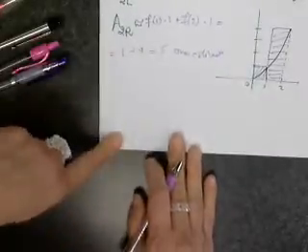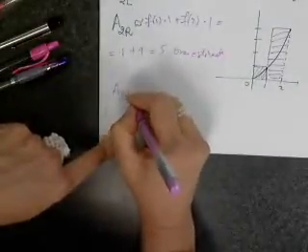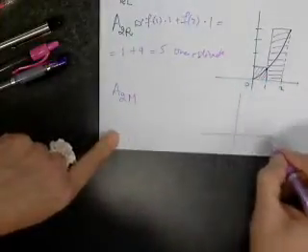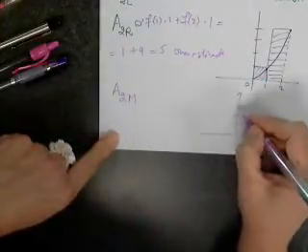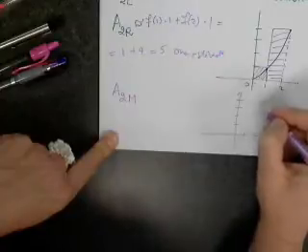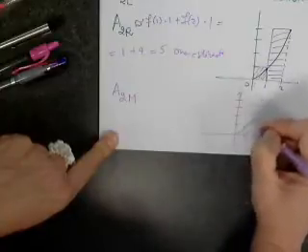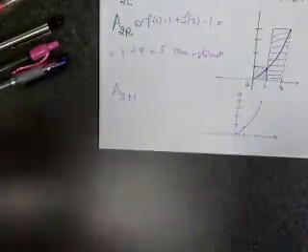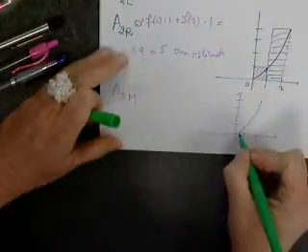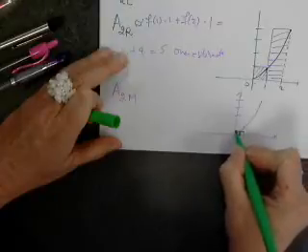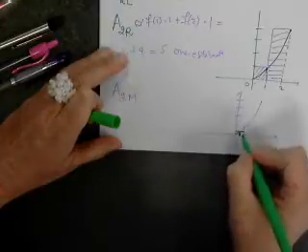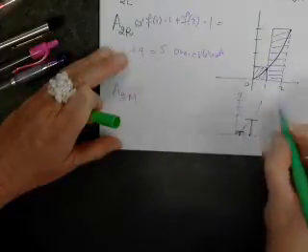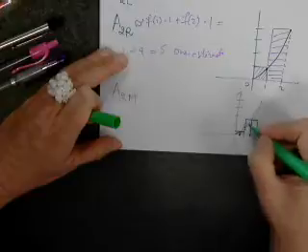Okay. So let's look at A2 mid. Here's my graph again. And here's the midpoint. This is the height, f of 0.5. That's significantly more accurate.